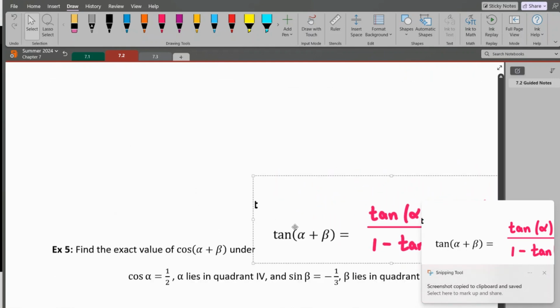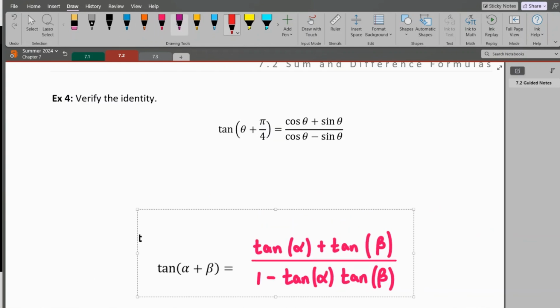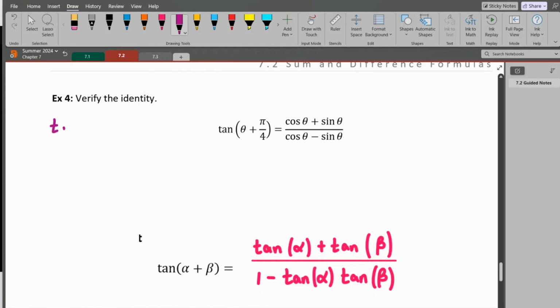Since I'm already bringing up this formula, you can probably guess I'm going to start off with that left-hand side. So I have my tangent of theta plus pi over 4.